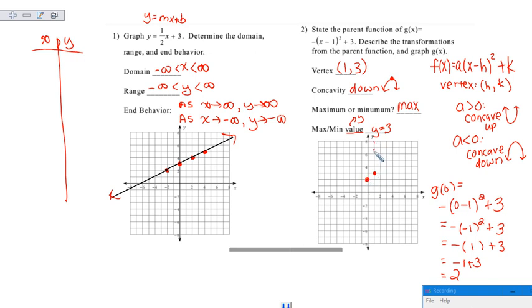Remember, quadratics are symmetrical. So through that vertex, if this is 1 away this way, there's going to be an equal point 1 away that way. Let's get one additional point on this graph, because right now this could look like a V, but we know parabolas need to look U-shaped. So let's find what g of negative 1 is. I'm going to erase this and find what g of negative 1 is.